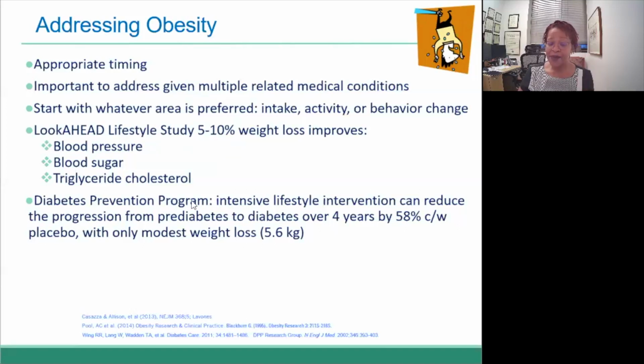Another one, the Diabetes Prevention Program intensive lifestyle intervention, showed that over the course of 4 years, there was a 60% decrease in people progressing from prediabetes to diabetes with a lifestyle intervention alone, okay? And very modest weight loss. So making lifestyle adjustments, whether you lose a large amount of weight or not, can still be beneficial.